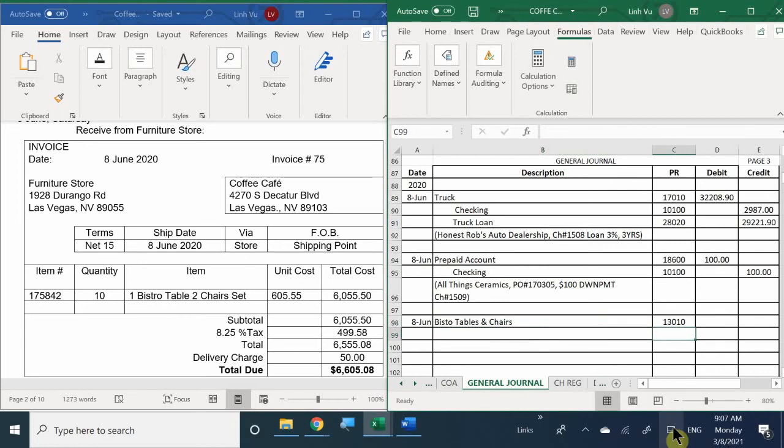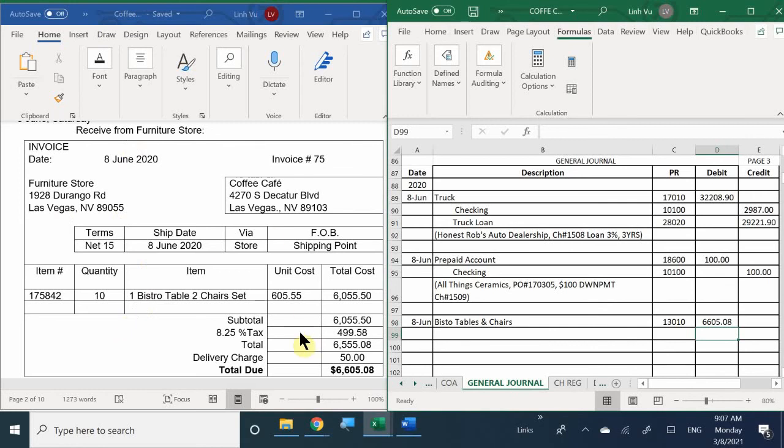All right, and for what grand total amount did I actually, how much in grand total were the tables and chairs? In grand total. $6,605.08. Okay, good.